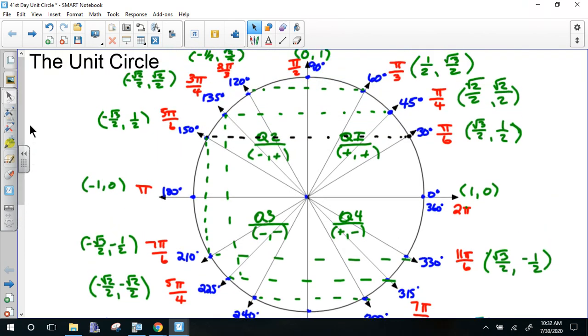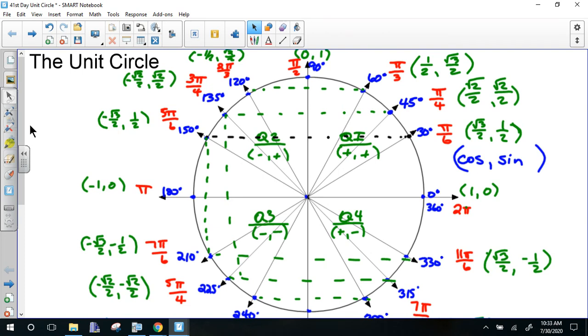Now, one important piece of information that you need to know with the unit circle and these x and y coordinates. The x coordinate is the cosine, the y coordinate is the sine. Okay.